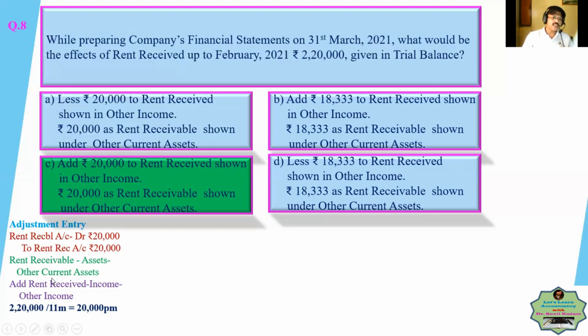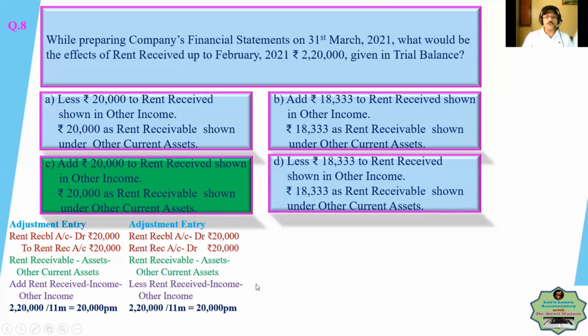Therefore, the correct effect is that the outstanding income is a current asset, and the profit and loss account effect is that it is to be added to the income. That's why adding 20,000 to the rent received shown under other income is correct, and 20,000 shown as a rent receivable under current assets is right.